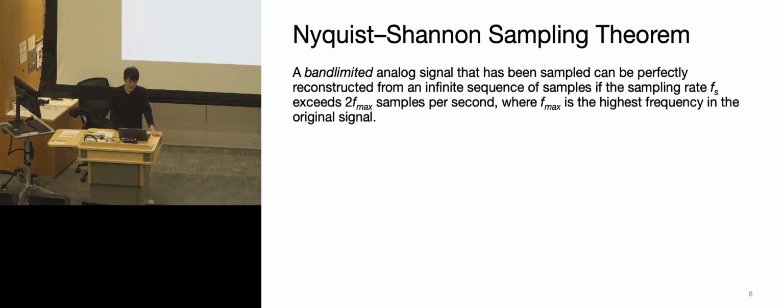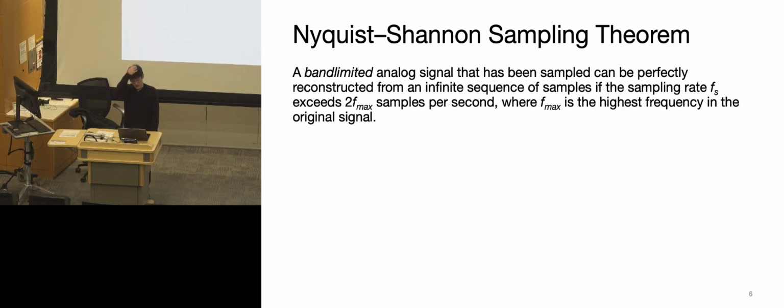Anyway, a little bit on why we use 44.1K rather than just 20K hertz as a sampling rate to reconstruct a lossless or almost lossless waveform. It's because of the Nyquist-Shannon sampling theorem.